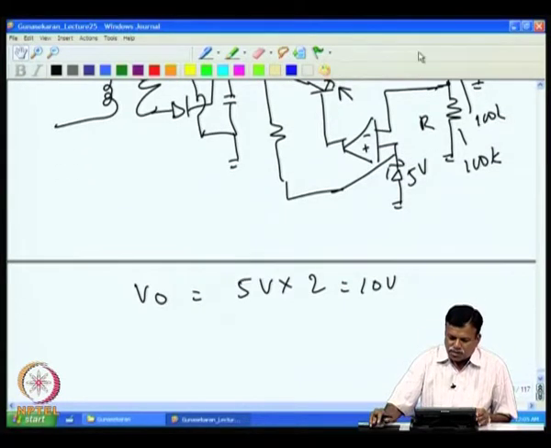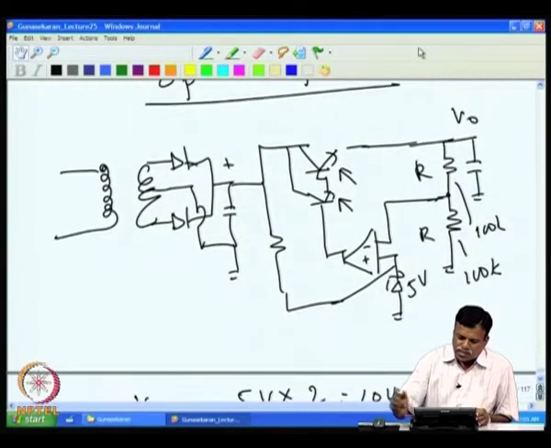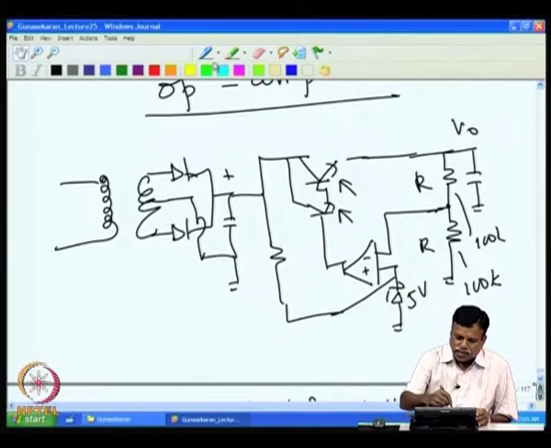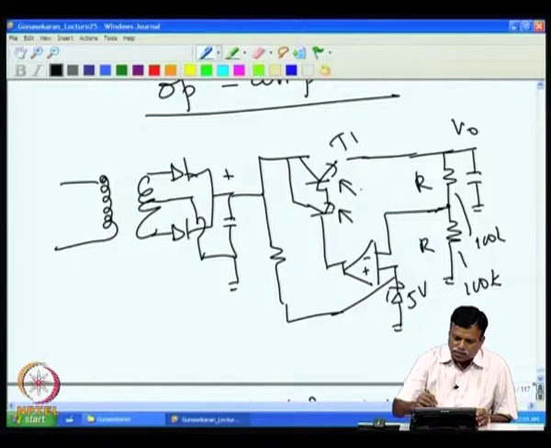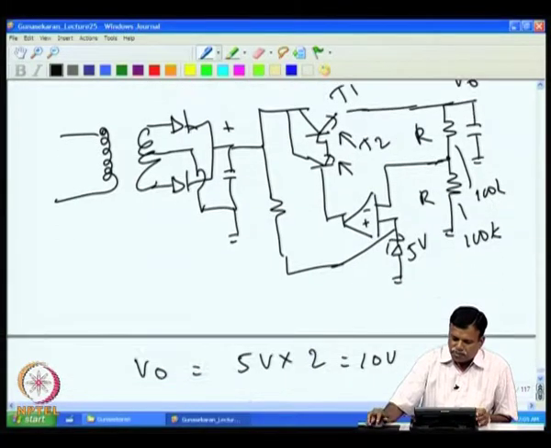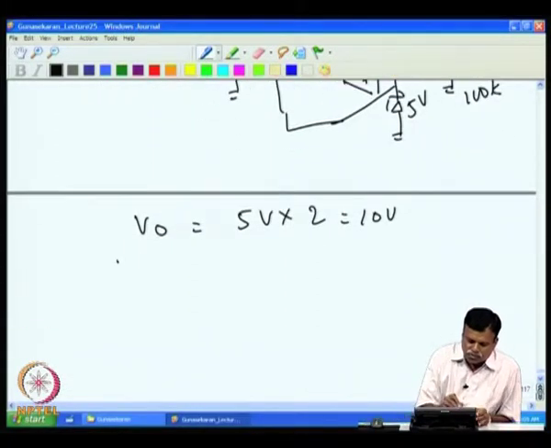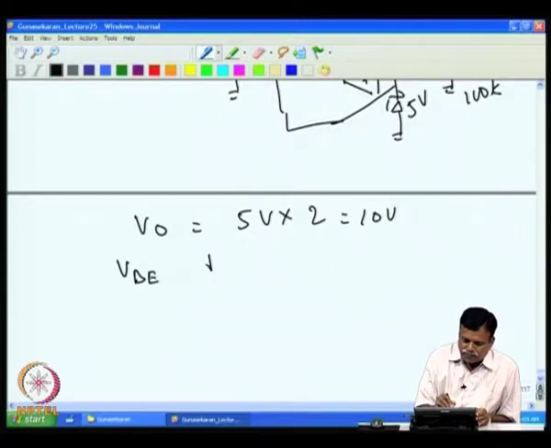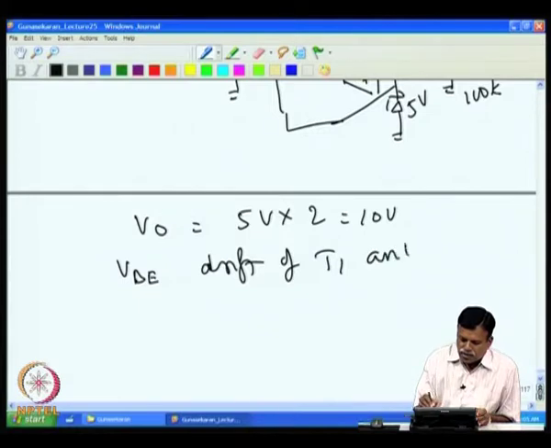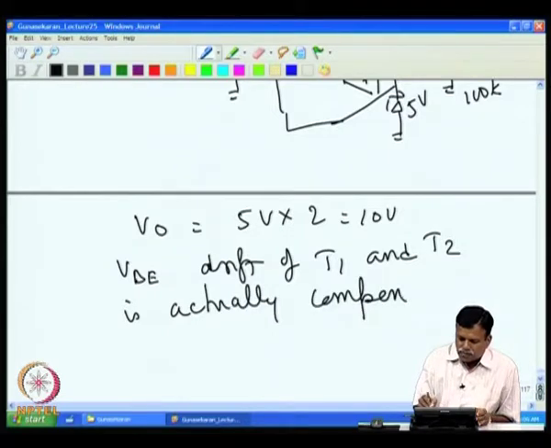So, the base emitter voltage drift of these two transistors, say T1 and T2, the VBE drift of T1 and T2 is actually compensated by the loop gain.